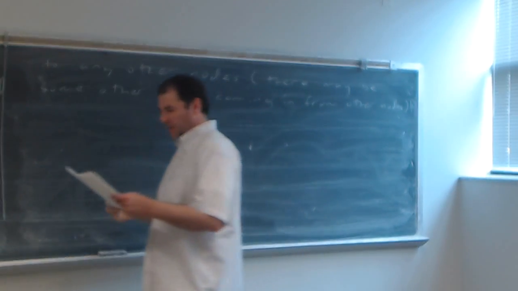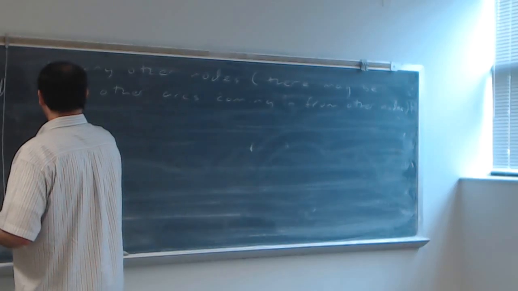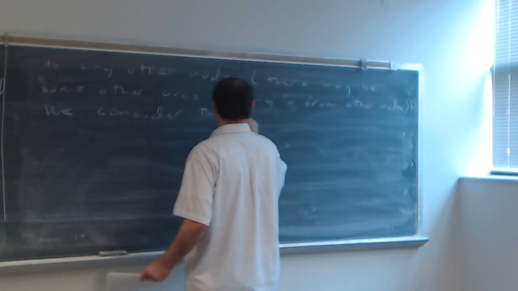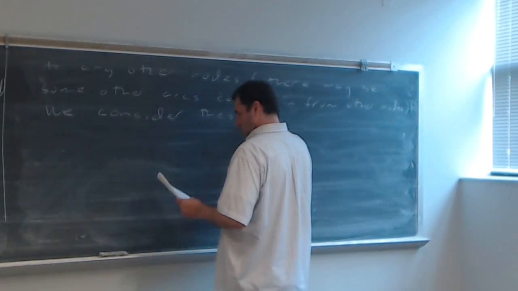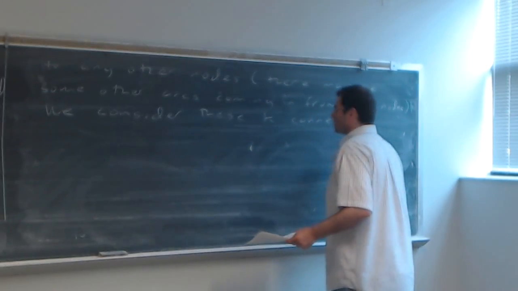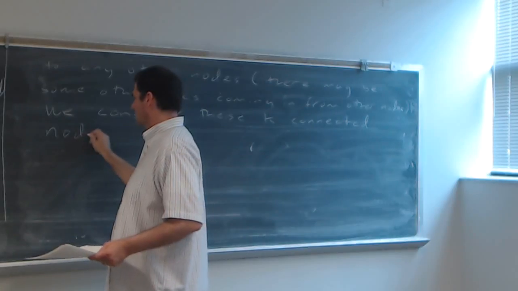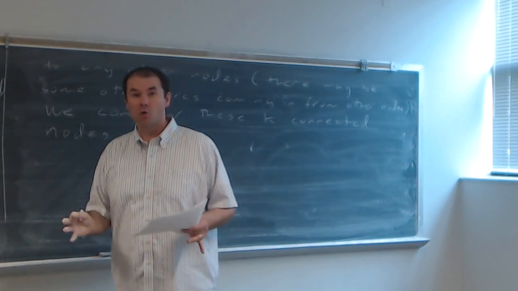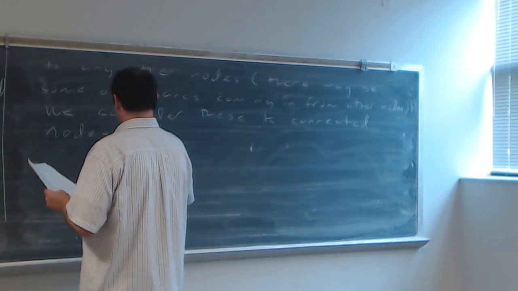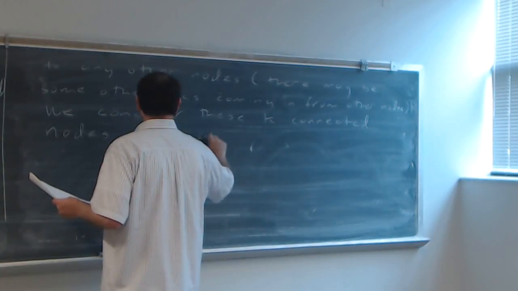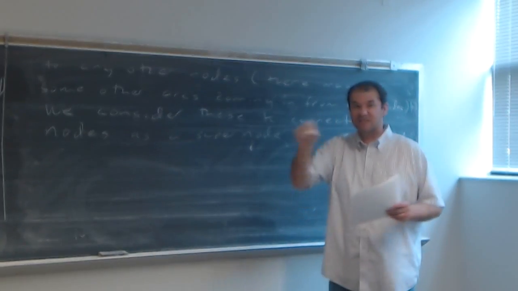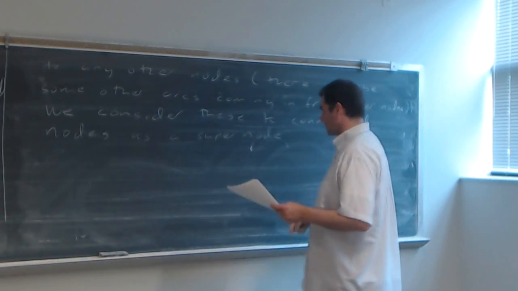Okay, we consider these k connected nodes as just like one node itself, called a supernode, except we know that it's connected to itself as, if you will, a self-loop.